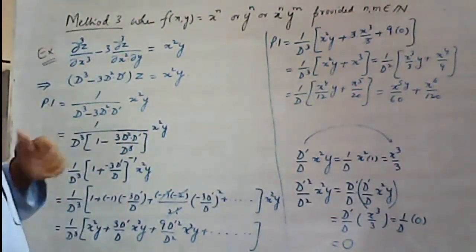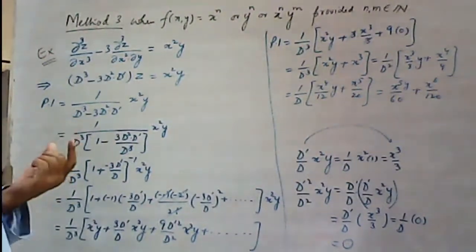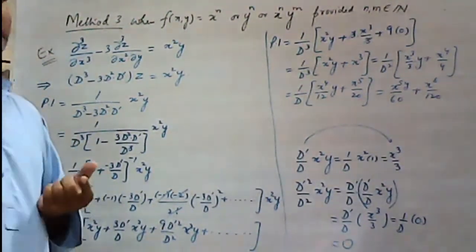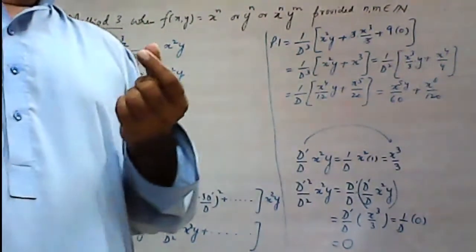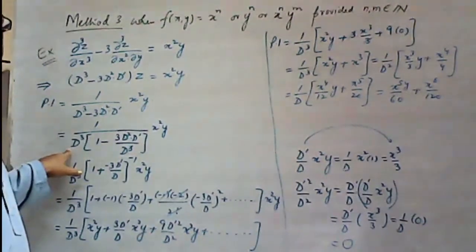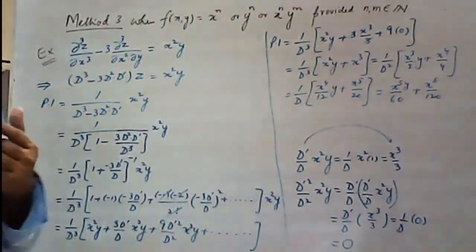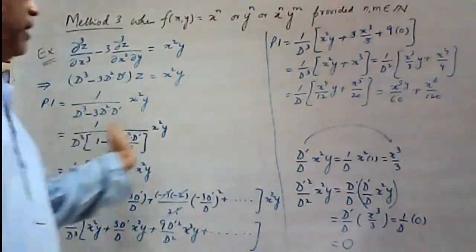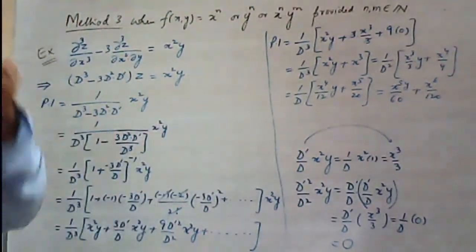So to make 1 in the denominator, there are two possibilities: either take the highest power of d common from the denominator, as I did in this case, or take the highest power of d dash common from the denominator, which I did in example number 1.